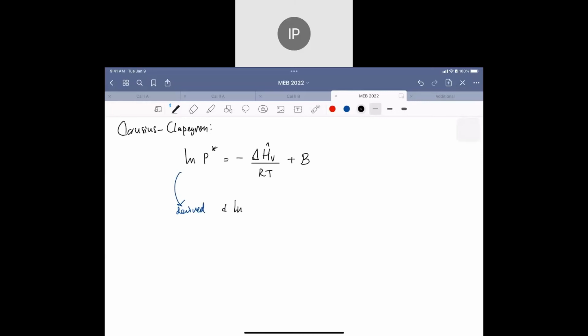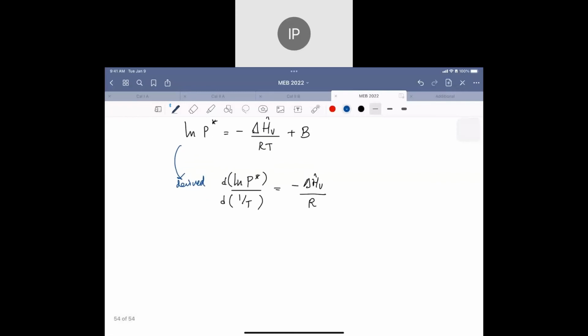So derive ln P with respect to 1 over T. What this means is the delta H of vaporization can be estimated from vapor pressure data by plotting ln P versus 1 over T. So we could find it through the slope, right?